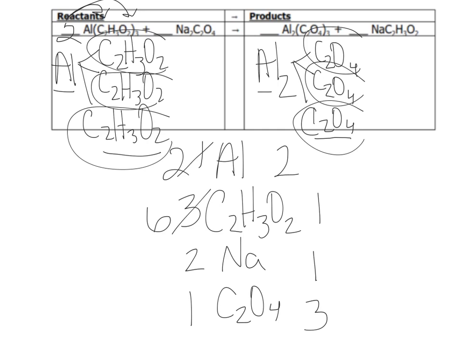I'm going to work on that next, as I only have 1 on the product side and I need 6. So if I use a coefficient of 6, it will make both Na and the C2H3O2 group 6.